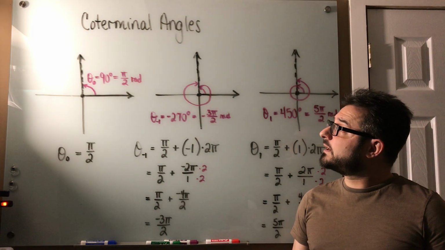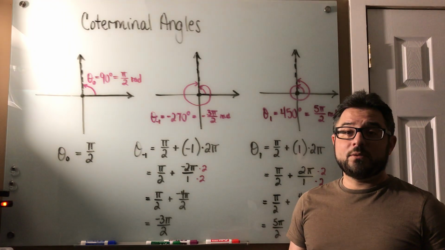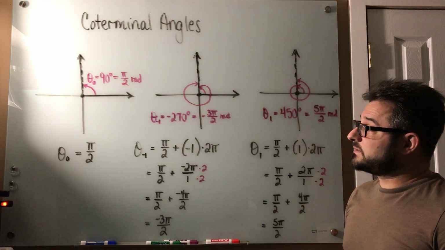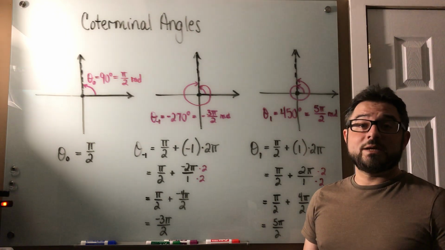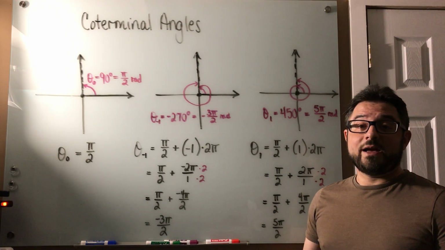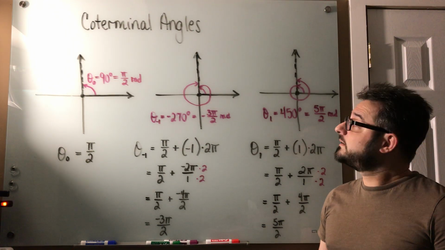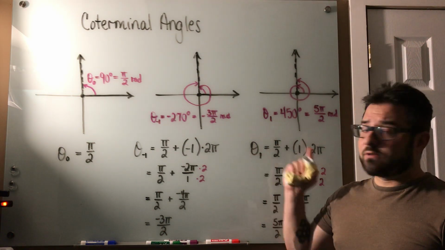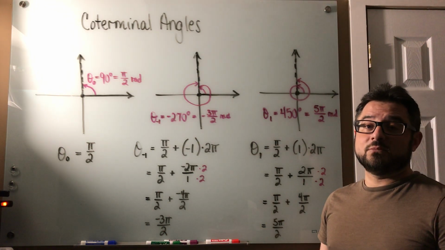Coterminal angles will become relevant to certain things that come up later on. For now, it's something to help practice with radian measurement and getting used to different angles in radian measurement. And before the end of the semester, we will see places where the coterminal angles do actually become relevant.